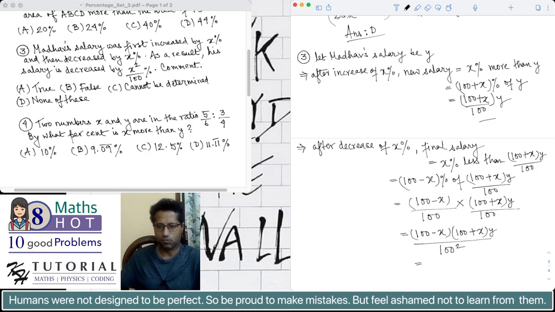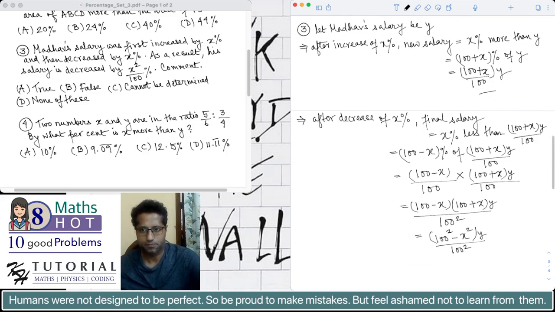So this is equal to 100 minus X multiplied by 100 plus X, using the identity A square minus B square, will be 100 square minus X square, and then we have Y multiplied by 100 square. So this is the final salary after it was increased by X% and then decreased by X%.